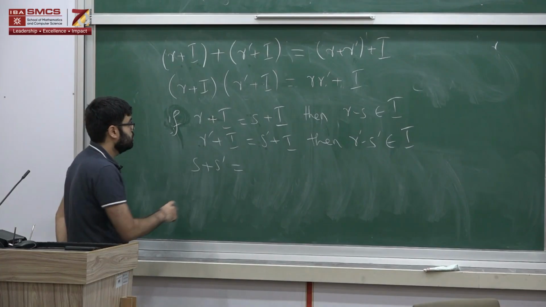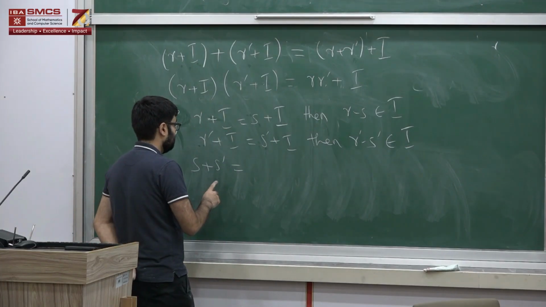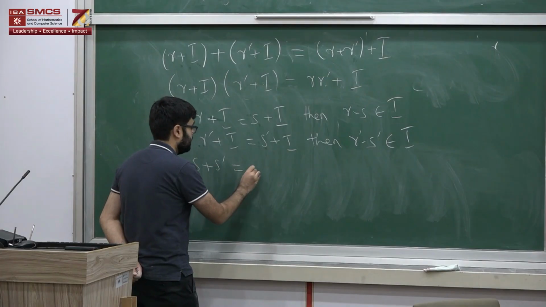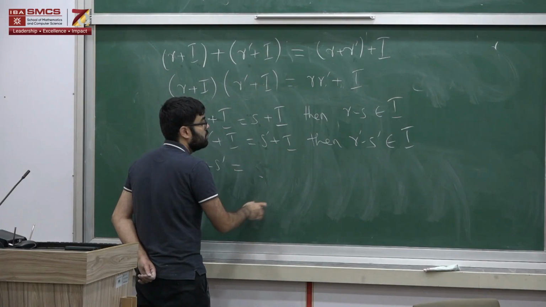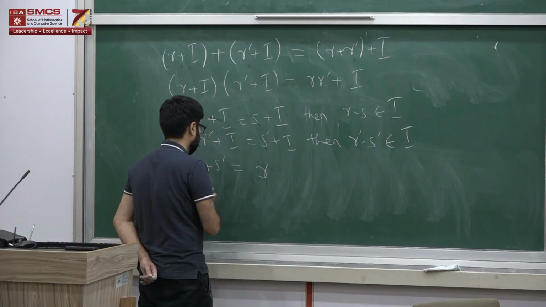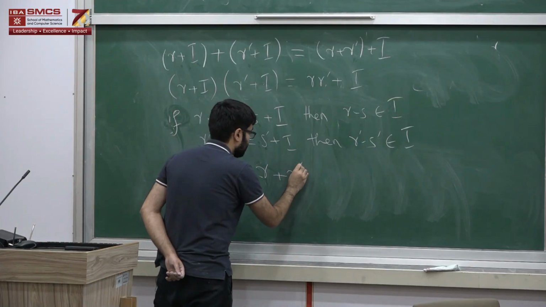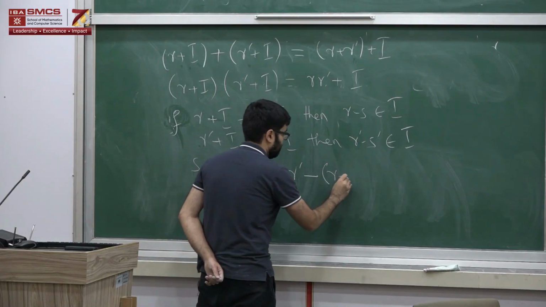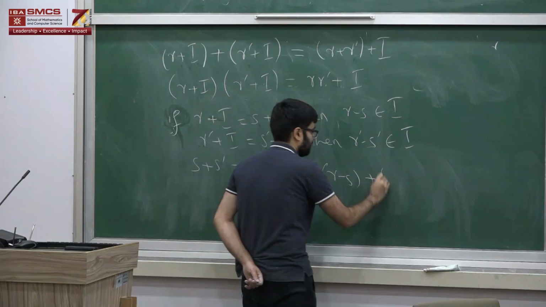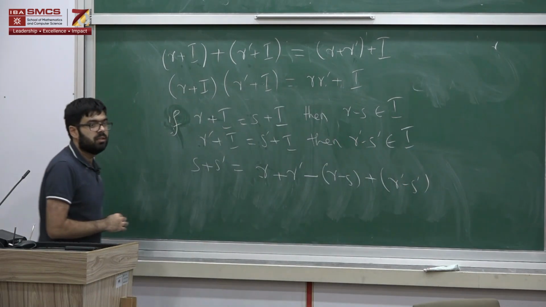But S plus S prime is equal to R plus R prime minus R minus S plus R prime minus S prime.